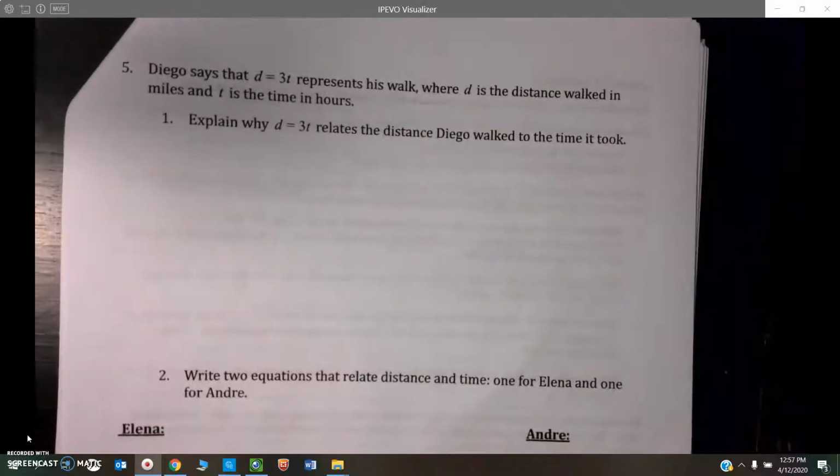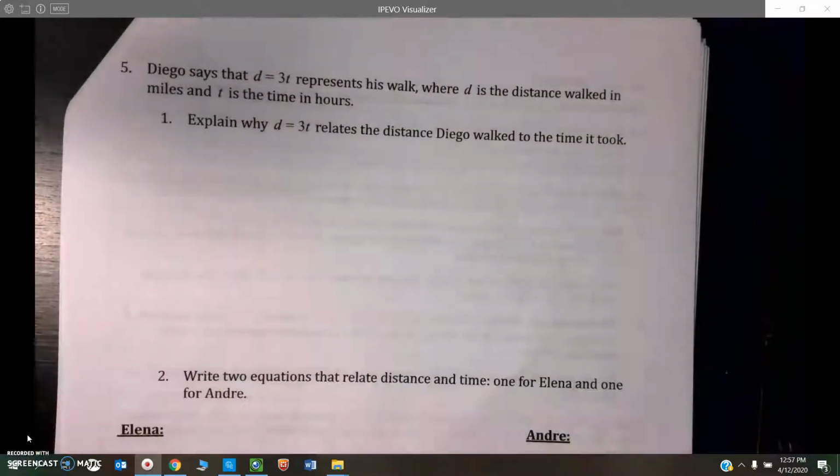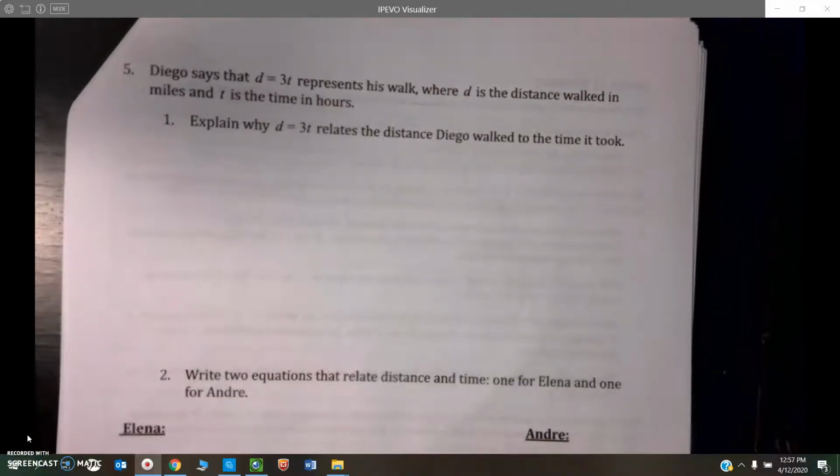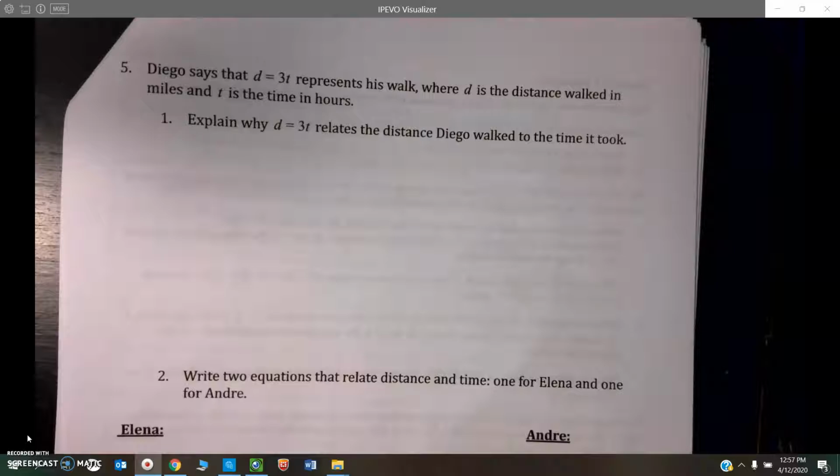So now I want to look at the page after. Okay, so here's where our algebraic expressions start to come in. Okay, so it says Diego says that D equals 3t represents his walk, where D is the distance walked in miles and t is the time in hours.